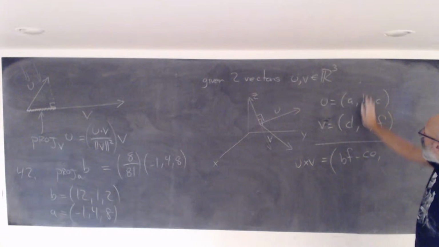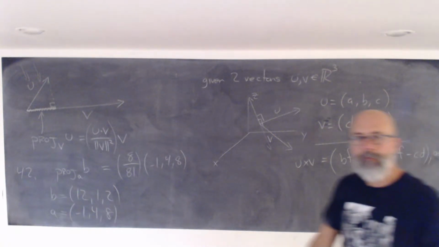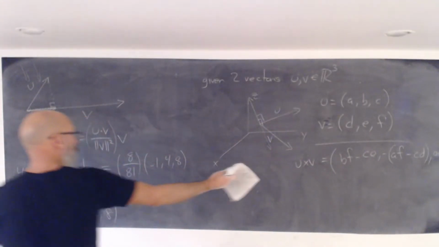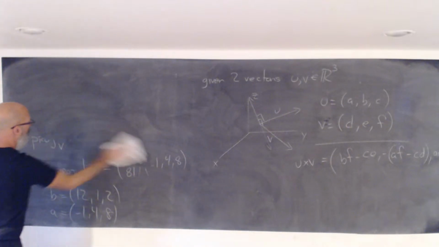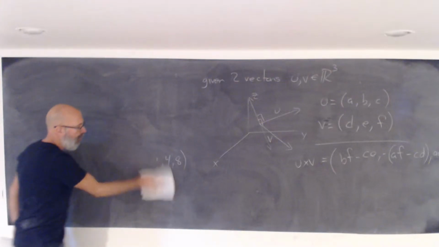Second component, remove the second column, AF minus CD, and then take negative of that. And third component, AE minus BD. Let's take an example. You can prove that this cross product here is actually orthogonal to both the original vectors.